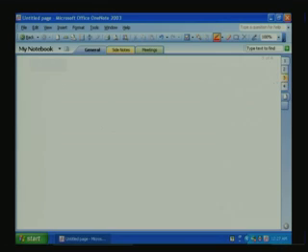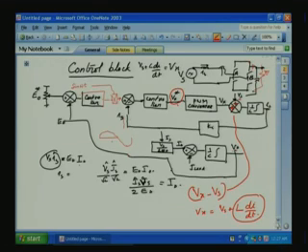Now, let us first go back to the inner current loop, that is, you have the current reference multiplied by sine omega t, which is in phase with the VST. So, let us draw the current loop first.